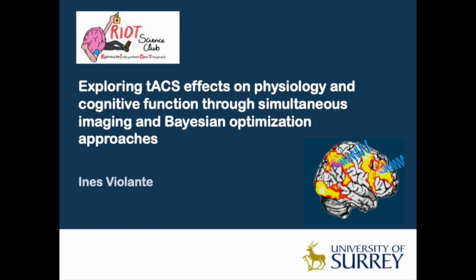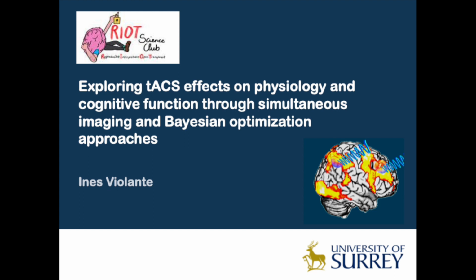People have been using TMS, transcranial magnetic stimulation, for quite a while now, and there has been growing interest in using current forms of non-invasive brain stimulation. Stuff like tACS, so transcranial direct current stimulation, alternating current, random noise.